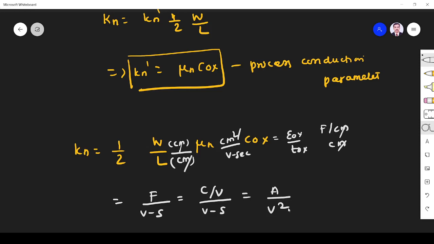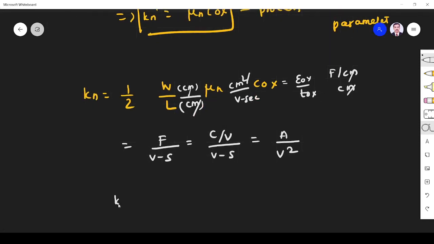In this way we can find that the unit of Kn is ampere per volt square.